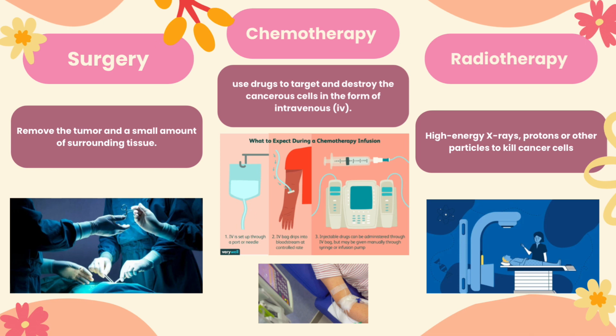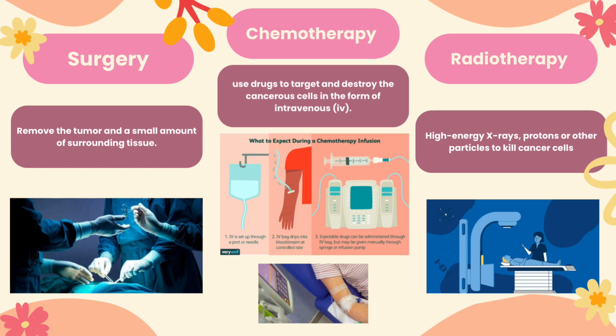Secondly would be chemotherapy. Chemotherapy is where they will use drugs to target and destroy the cancerous cells in the form of intravenous or IV. Thirdly is radiotherapy, where it uses high energy X-rays, protons or other particles to kill cancerous cells.